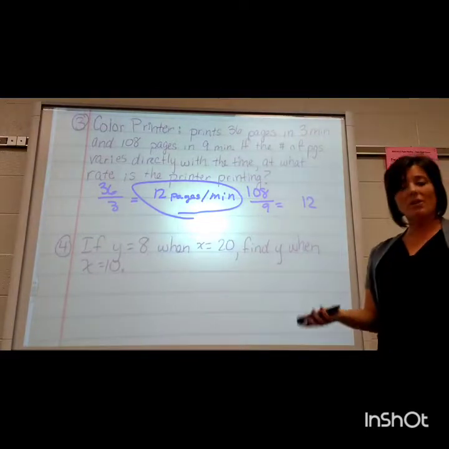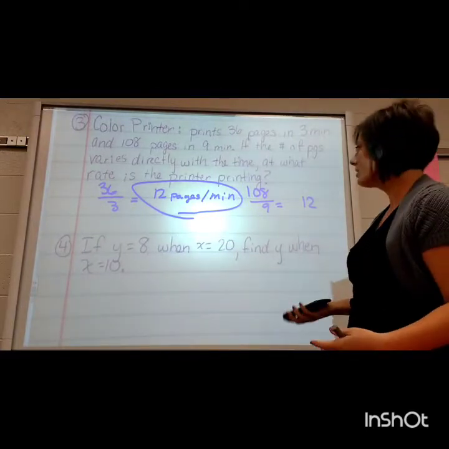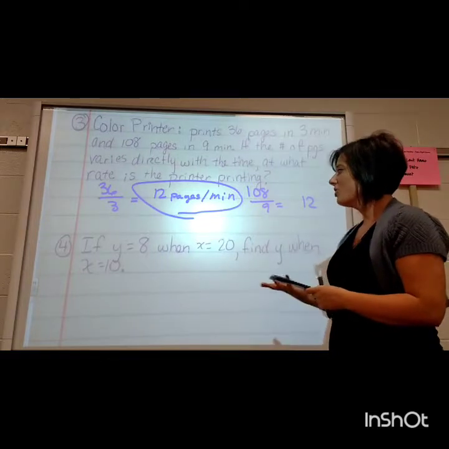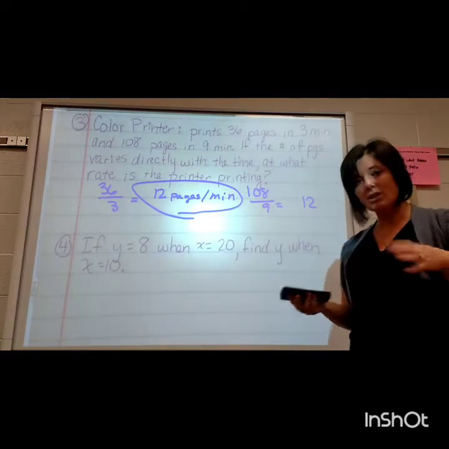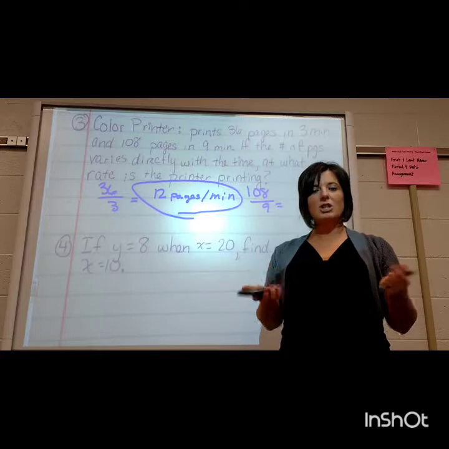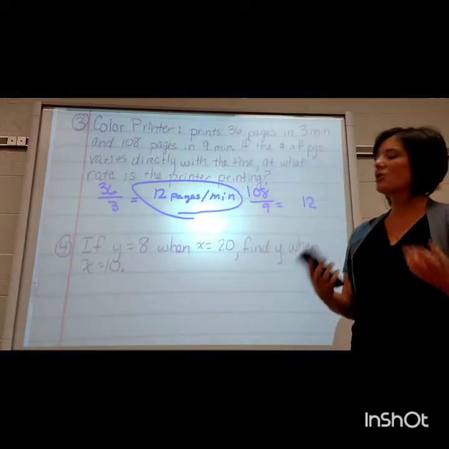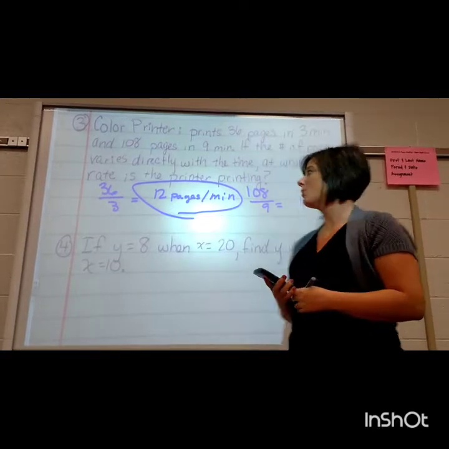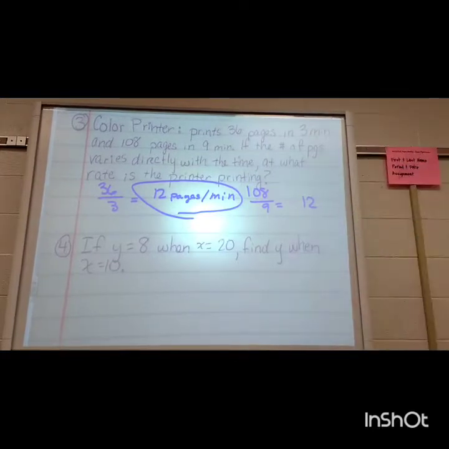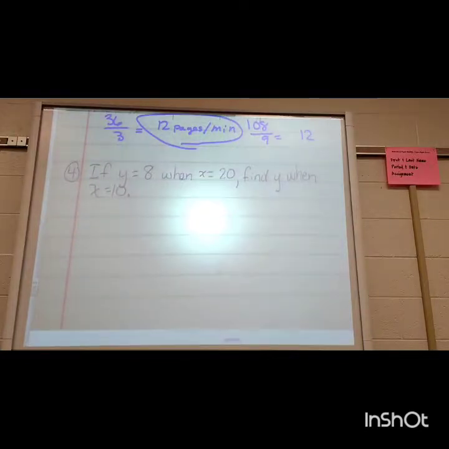Okay, so when you have a direct variation, there are also these equations where you're given parts of the information, and you know the equation is y equals mx, and you just have to solve for it. So the direct variation equation is y equals mx, and that was on your earlier graphic that I showed you.